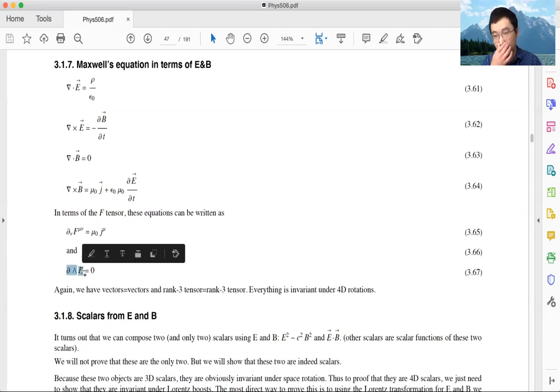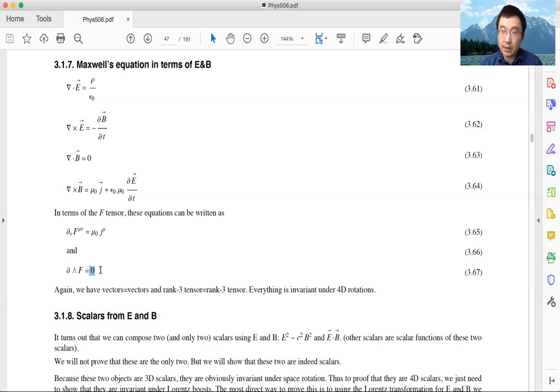The other side of the equation, we typically write as a 0, but it's actually not a 0. It's a rank 3 tensor of 0. This 0 means it's a rank 3 tensor, and every single element of that rank 3 tensor is 0. So this equation also obeys the rank 3 tensor equals rank 3 tensor structure we mentioned earlier.